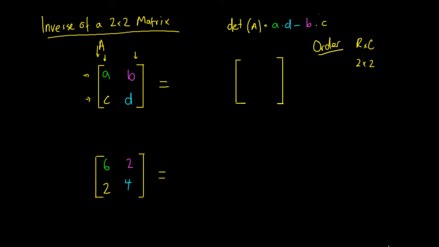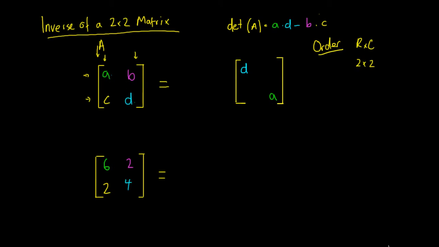And the two steps we have when we have the inverse of a 2 by 2 matrix is, firstly, we take the numbers in our matrix and we swap the A and D. So if you have A and D here, in your inverse matrix you're going to have D in the top left hand corner, and then you're going to have A in the bottom right hand corner. So you just swap those two terms.